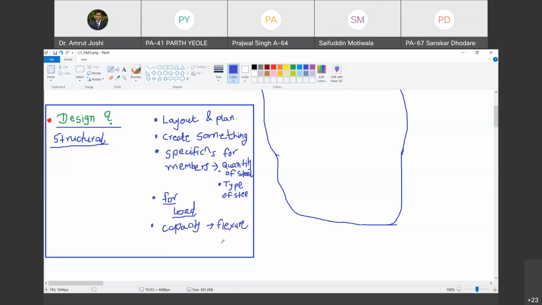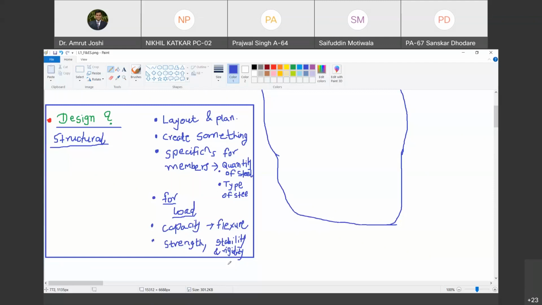Sir, structural design is investigation of strength, stability and rigidity of the structure. Strength, stability, and rigidity. Yes, sir. Okay. Anyone else?